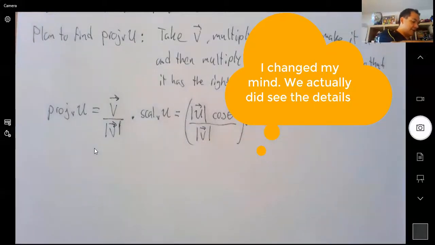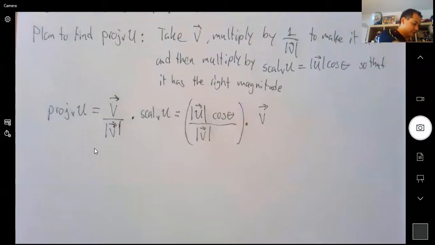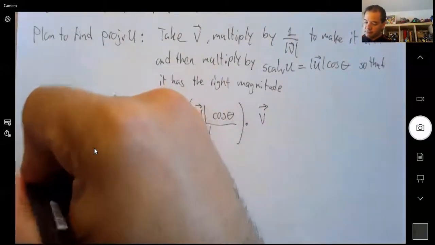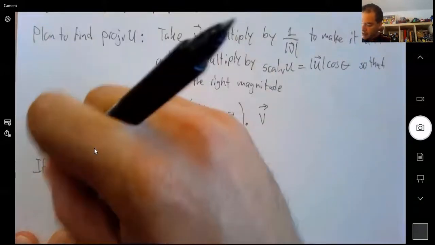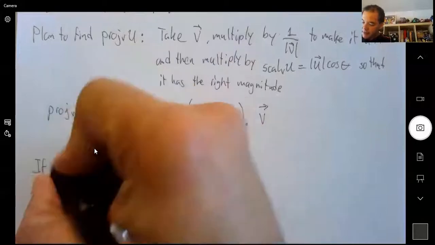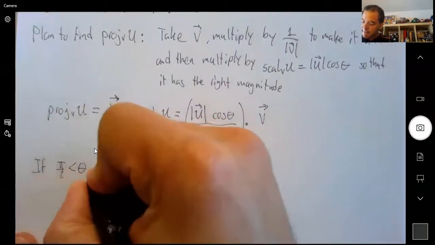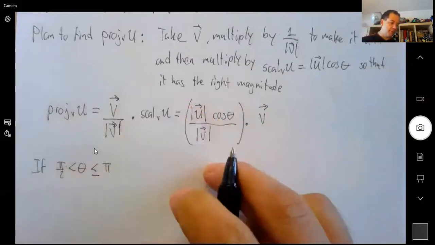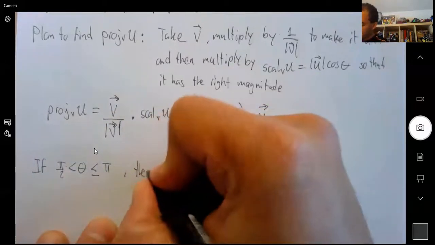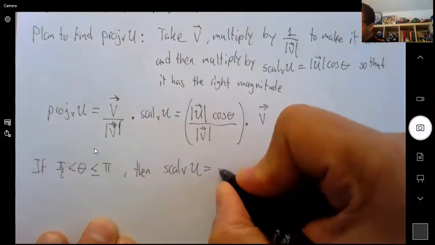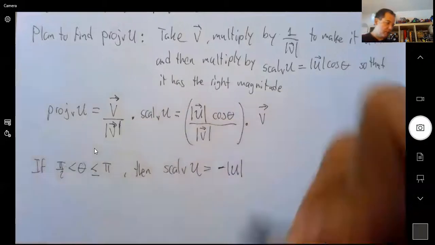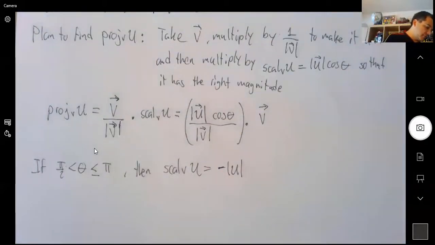If theta is bigger than 90 degrees and smaller than pi, then the scalar is simply minus the magnitude of u cosine theta.